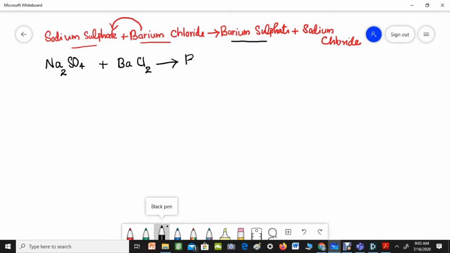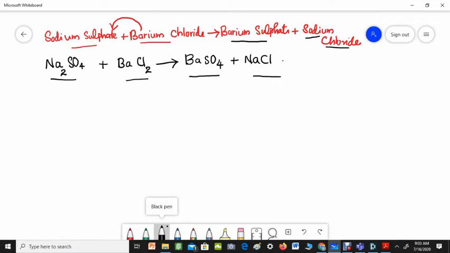So, BaSO4, barium sulfate. And the formula for sodium chloride is NaCl. So this is the chemical equation for the reaction: Na2SO4 plus BaCl2 gives BaSO4 and NaCl.